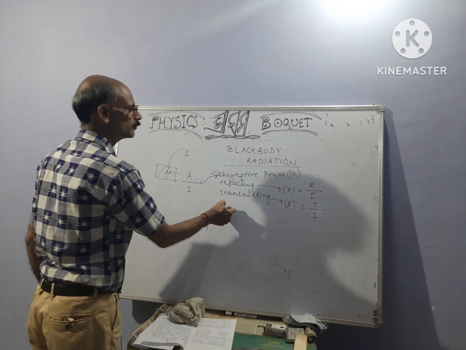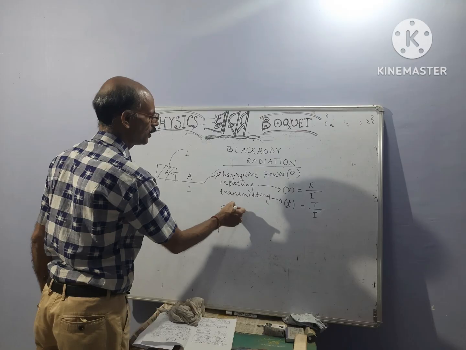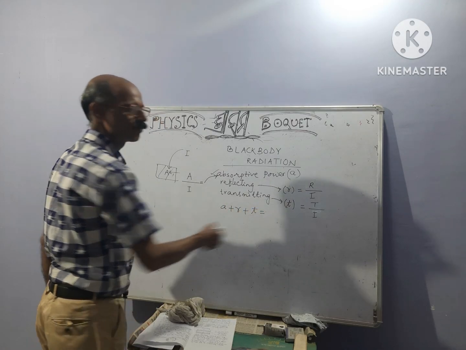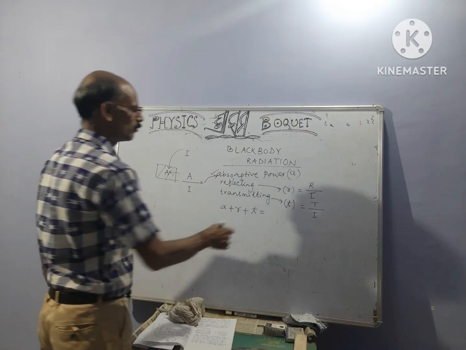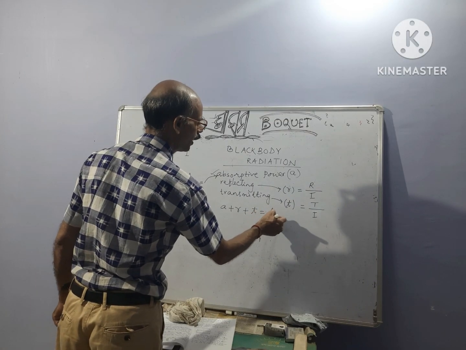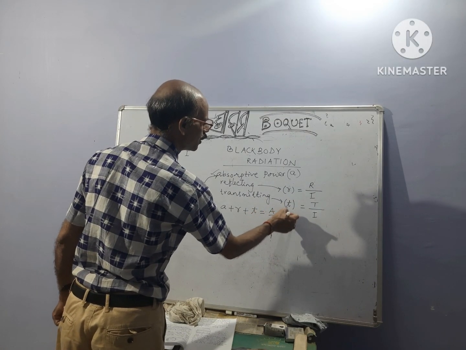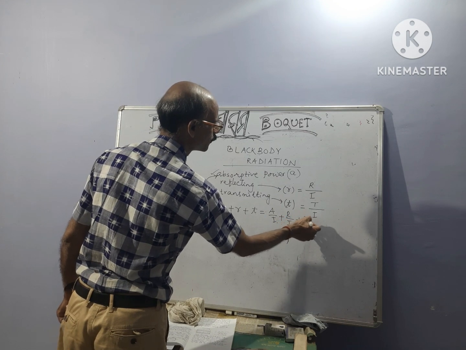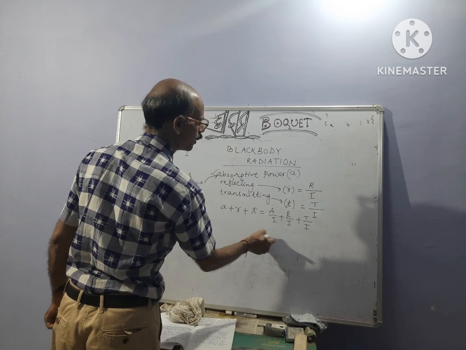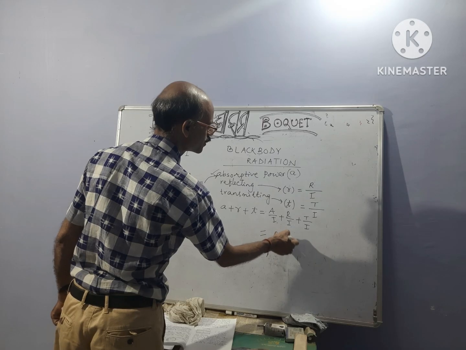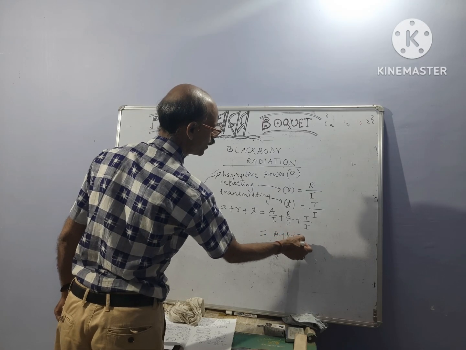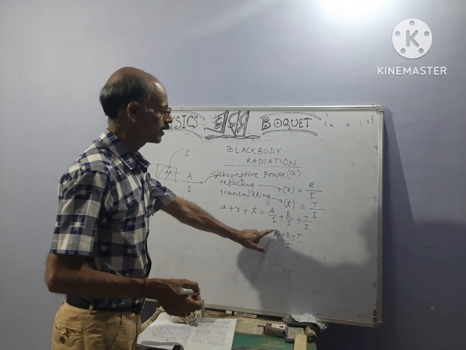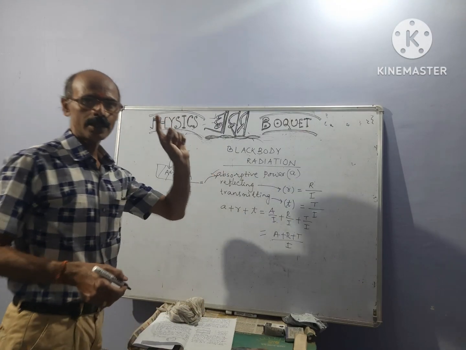And if we add all these three, A plus R plus T, then we have A by I plus R by I plus T by I. Then we have A plus R plus T by I. But this is energy absorbed, reflected and transmitted.